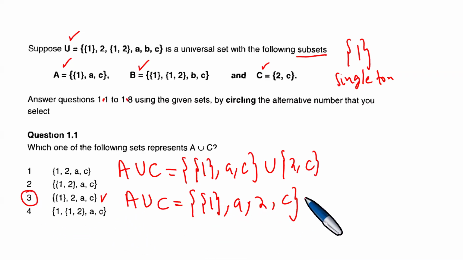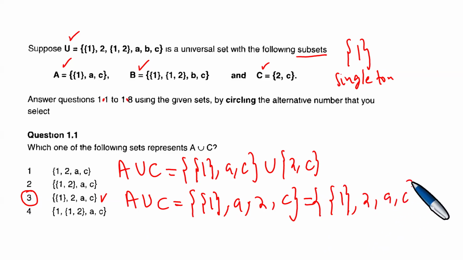The order of the elements is arbitrary, and therefore we have 2, A and C like so. In the end, A union C is option 3. So the correct answer is option 3.